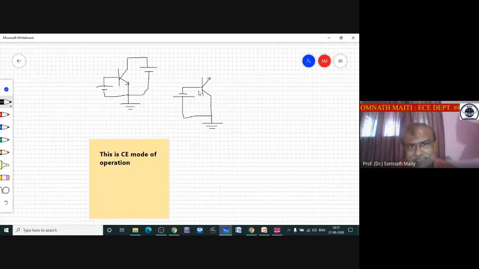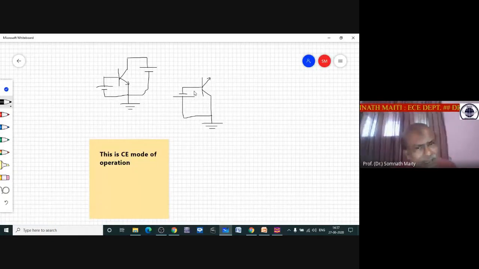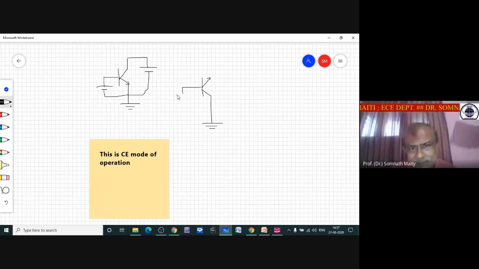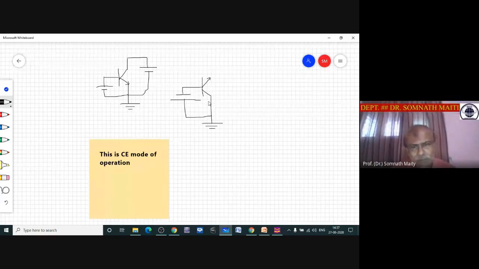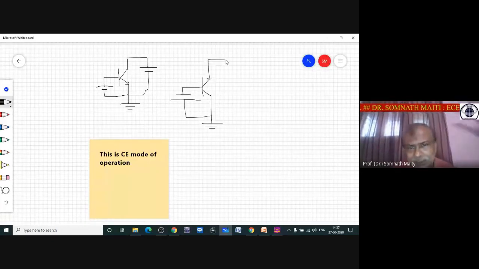In NPN, the P side is connected to negative and the N side is connected to positive. So the base collector junction becomes reverse bias. And the emitter has to be forward bias, so negative should be connected and you have to do this.